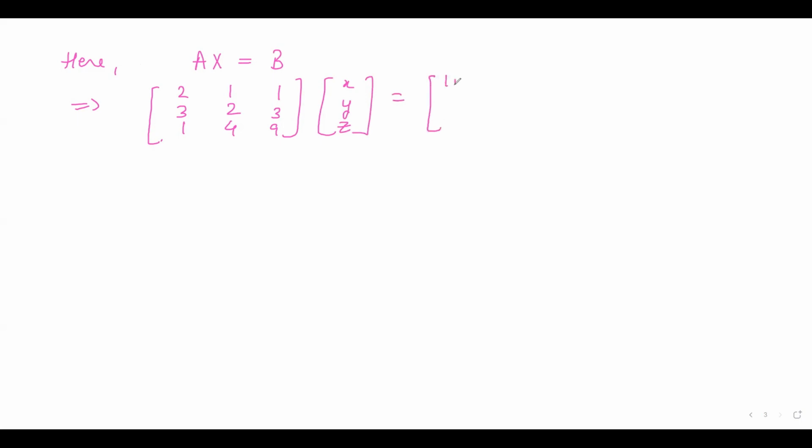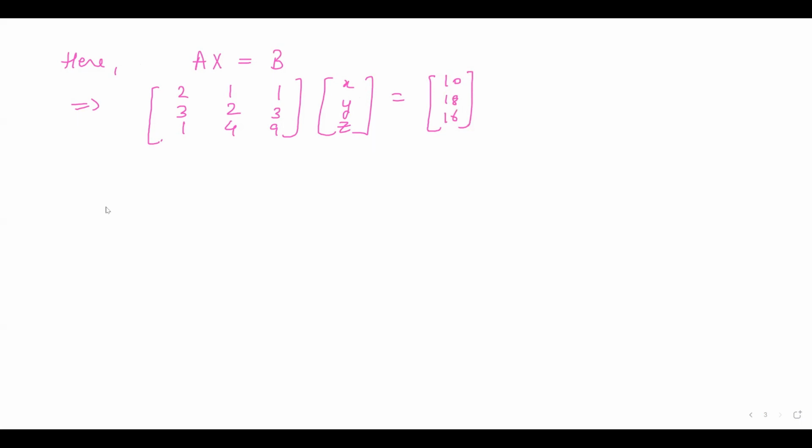I can write this as AX equals B. My A is the coefficient matrix, as we have discussed earlier in the previous lectures. X would be the column vector with the unknowns. B is again a column vector with the bi's, the constant values.